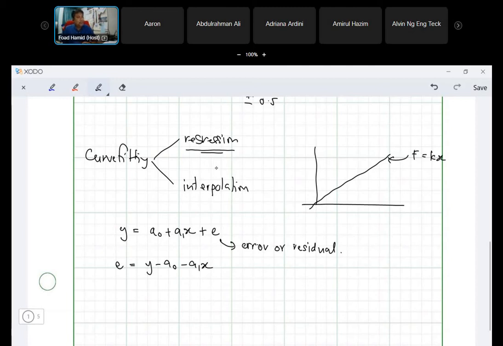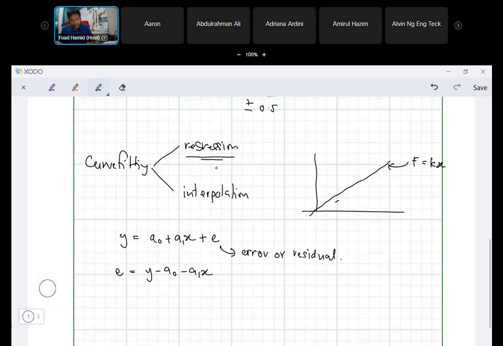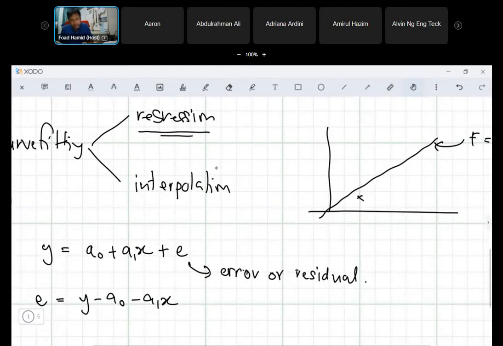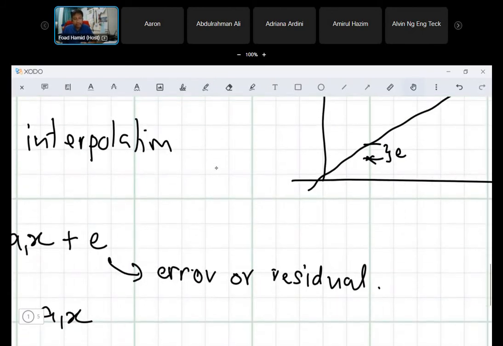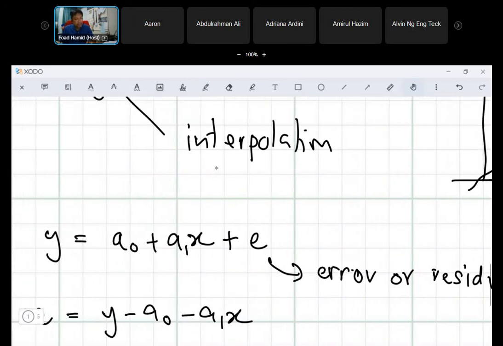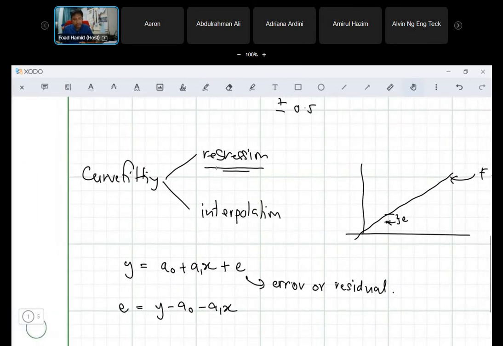But in our experiment, what we have here is this point. And in this case, this is our error. So for one point, we have one error. It can be either negative or positive. Okay, that's one.